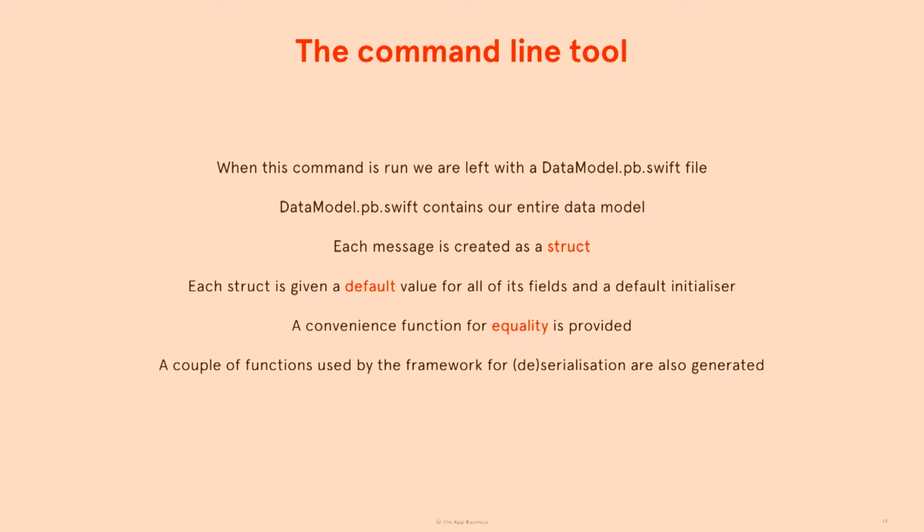So when the command line rule is done, we're left with this data model .pb.swift file, which contains our entire data model. In Swift, every message type that we saw before is created as a struct. And one of the slightly interesting design decisions here is that every struct is given a default value for every property.